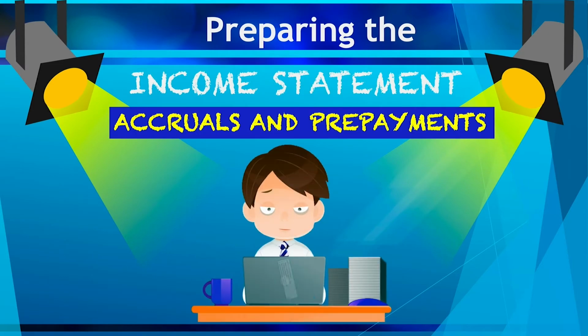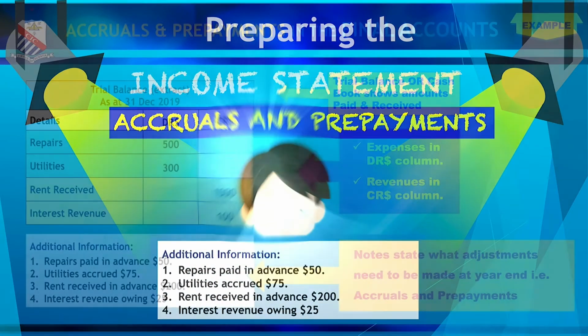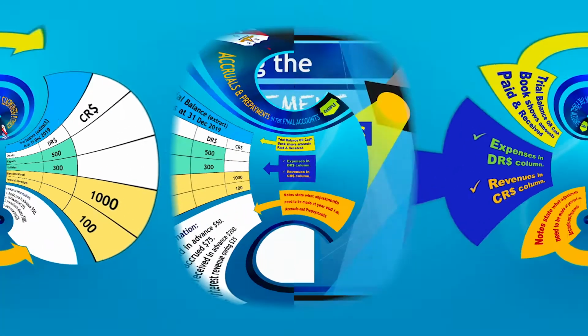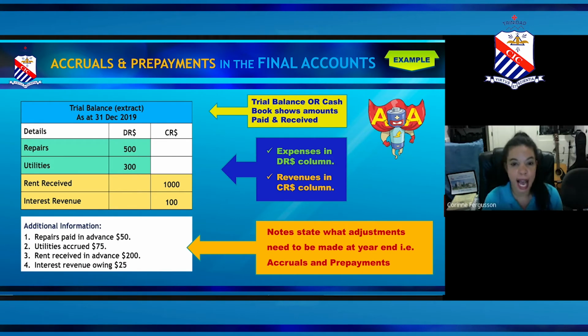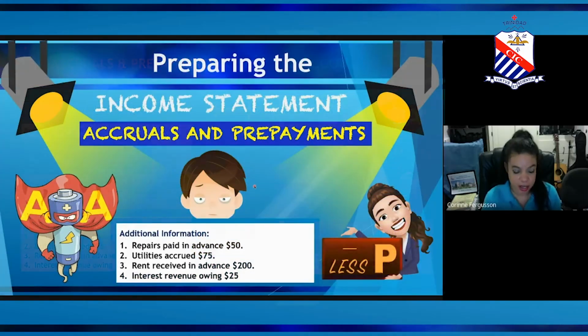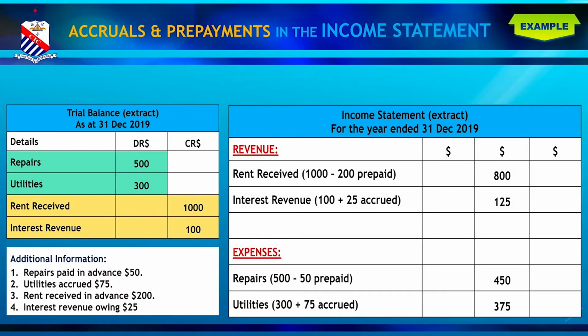When you're preparing it and checking your notes and you identify the different accruals and prepayments, all accruals you will just add to the expenses paid and the revenue received. And all prepayments, you will just less it or minus it from all the expenses and revenue in the trial balance. So that is the summary of what you would do.